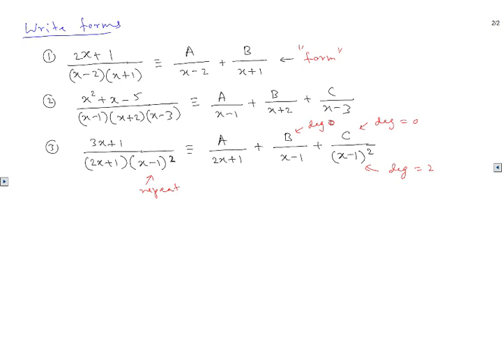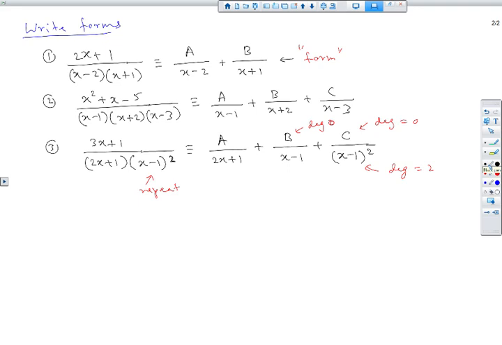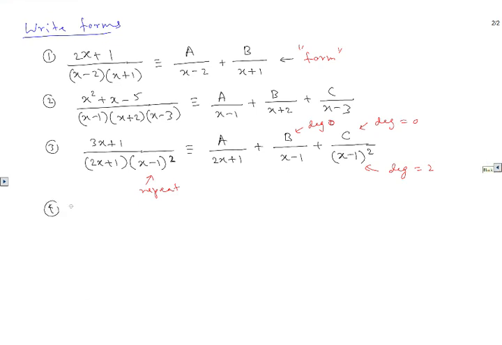It is for repeated factors. So let's write one more of the same type. Let's say number 4: 2x plus 1, and then x minus 1 cubed.